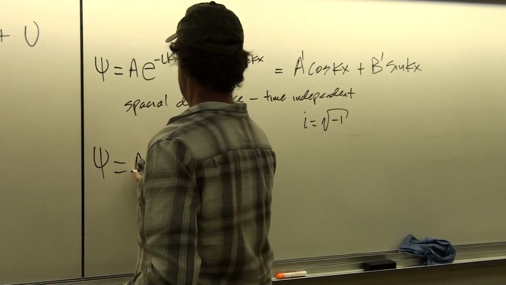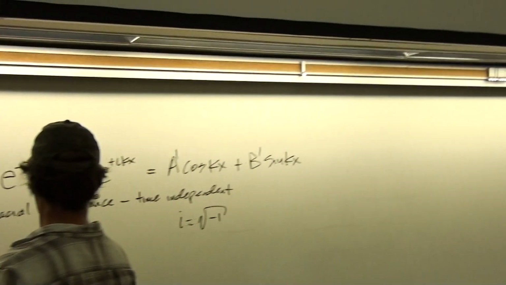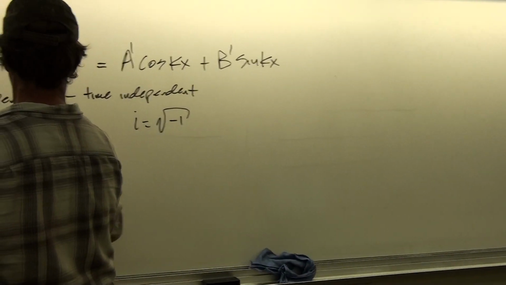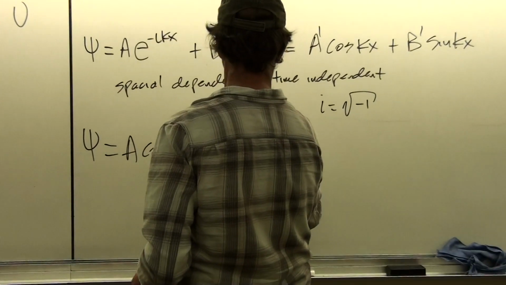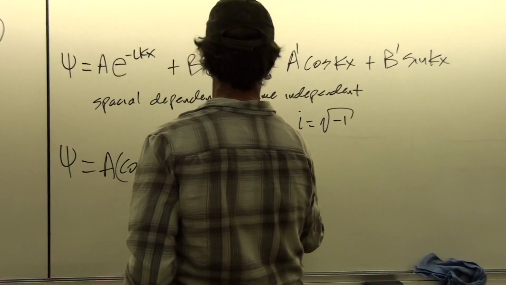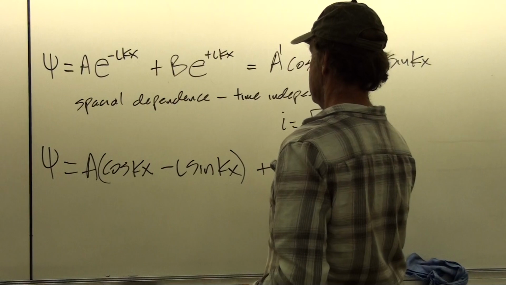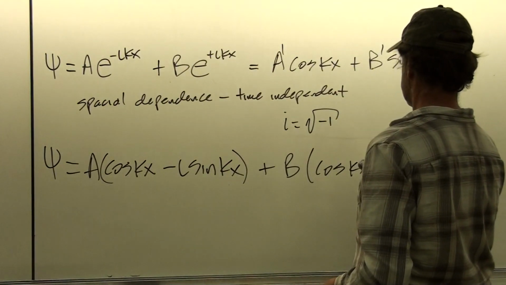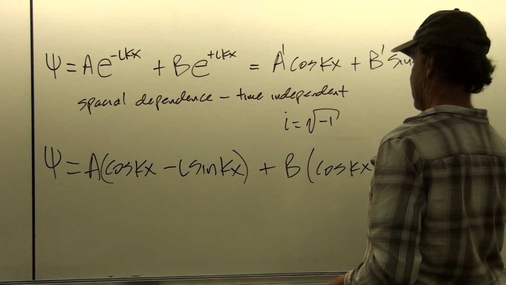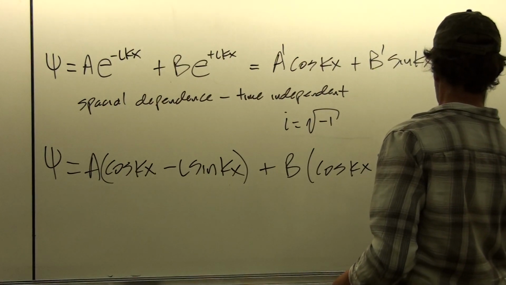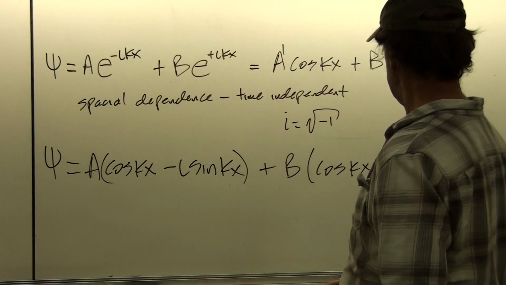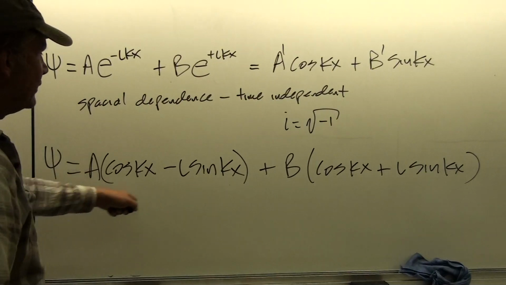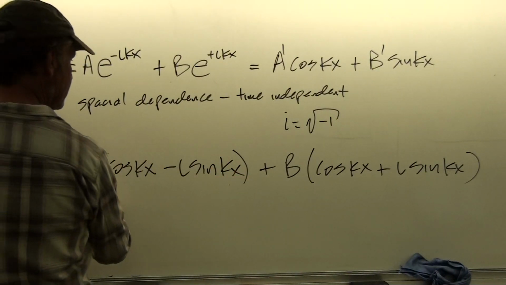So this is going to be a times the cosine of kx minus i sine of kx, plus b times the cosine of kx plus i sine of kx. And then we'll factor out the cosine kx's.